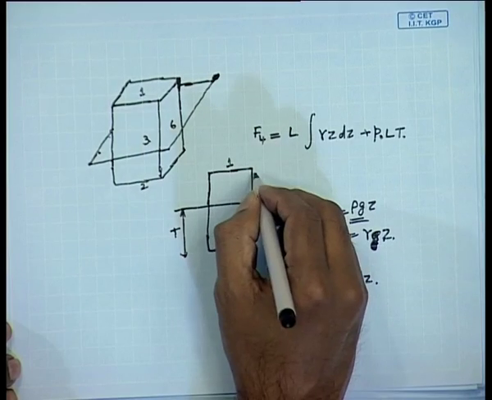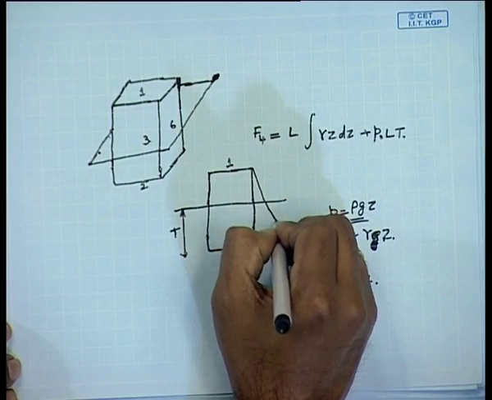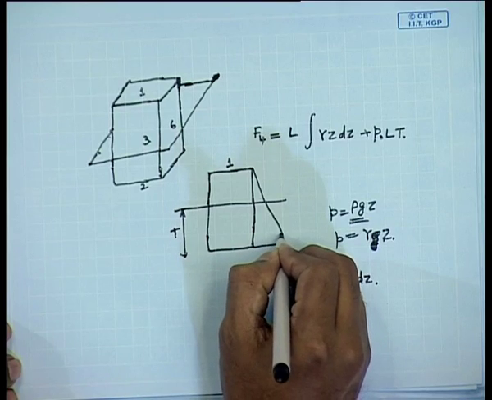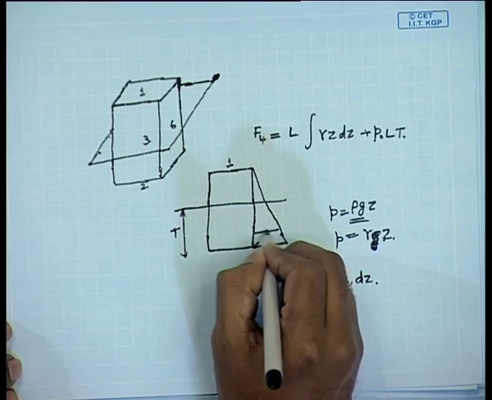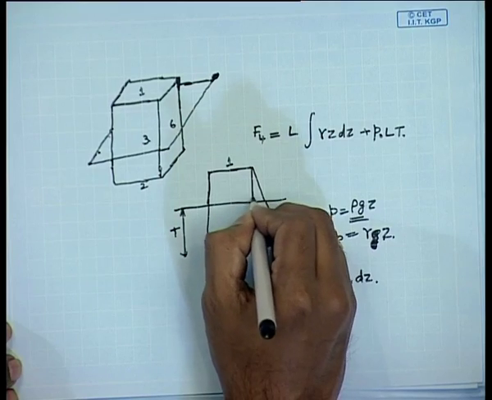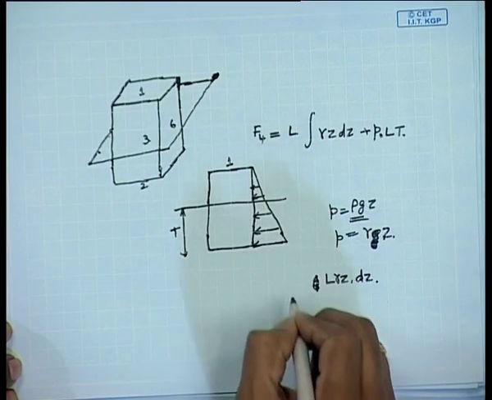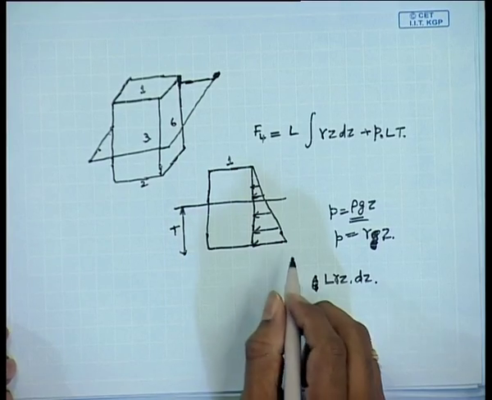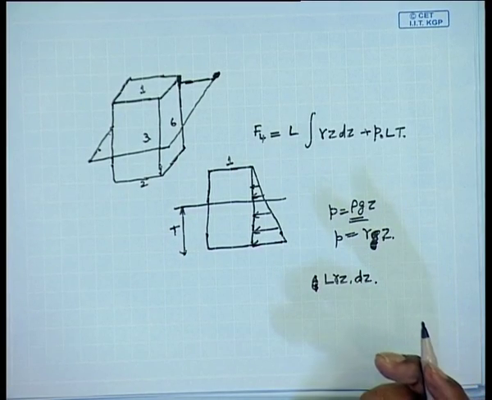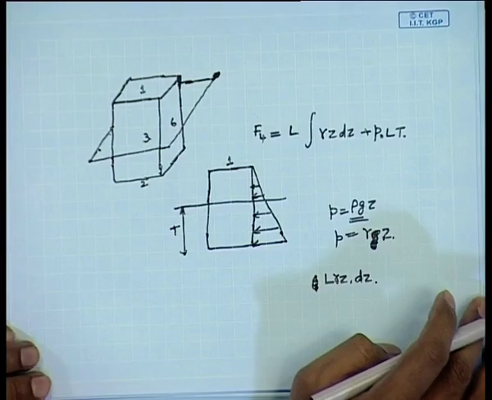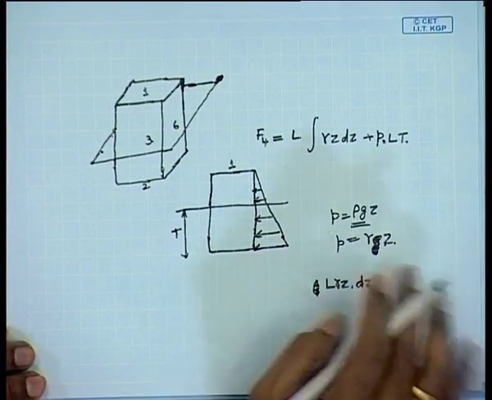So, actually the pressure distribution will look like a triangle because it is rho g z. As z increases, the value keeps increasing. So, the whole picture will look like a triangle between pressure and depth.